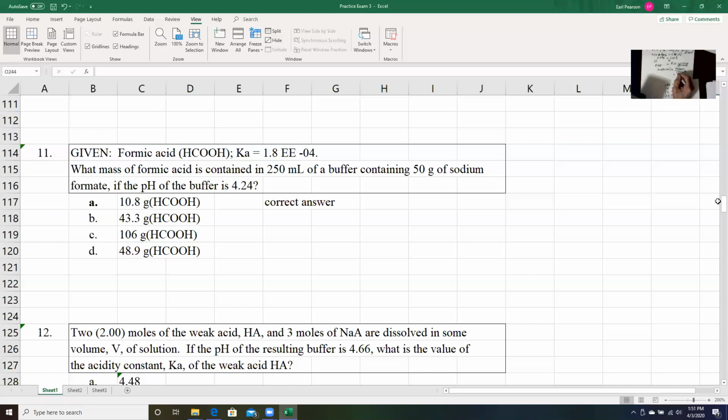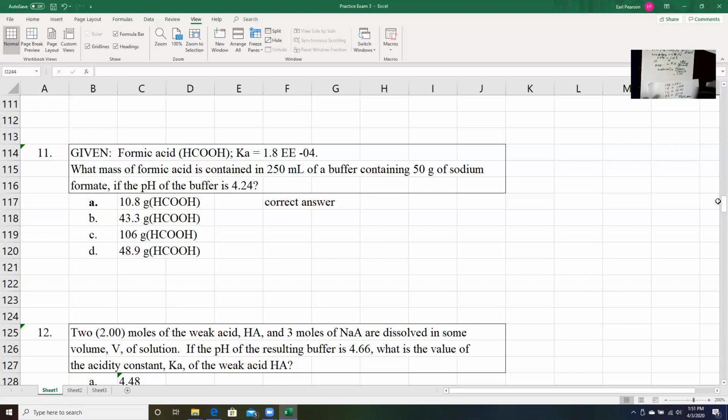This comes out to be 2.94 molar. So I'm going to put in 2.94 molar here.